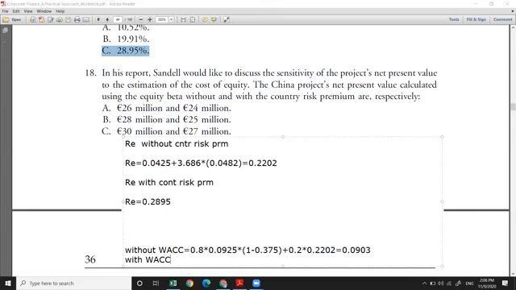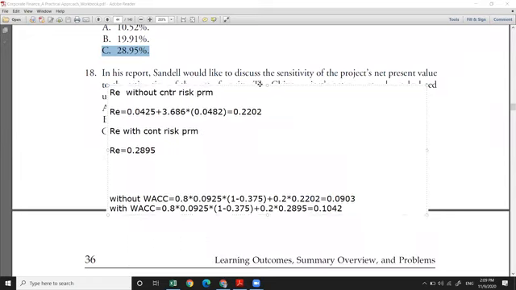So the WACC, I almost use the same numbers here, but with one differentiation, 28.95, and the WACC with country risk premium is 0.1042. The logic behind this, guys, is that the more risk is considered, the more compensation is required.